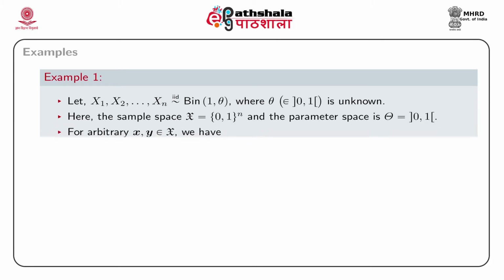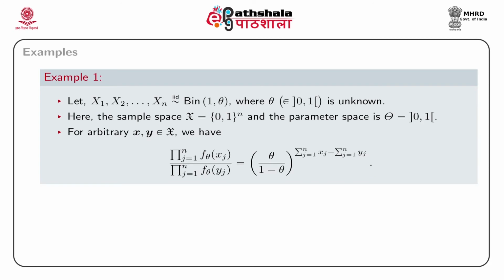Then, for two arbitrary sample points, x equals x1, x2, xn and y equals y1, y2, yn, both from script X, we have product over i from 1 to n f_theta(x_i) divided by product over i from 1 to n f_theta(y_i).